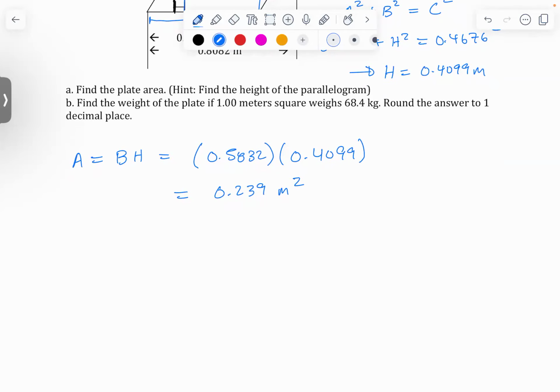And then the second part of the question said, find the weight of the plate if 1 square meter weighs 68.4 kilograms. So the second part is saying, if we're looking for weight, I have an area.